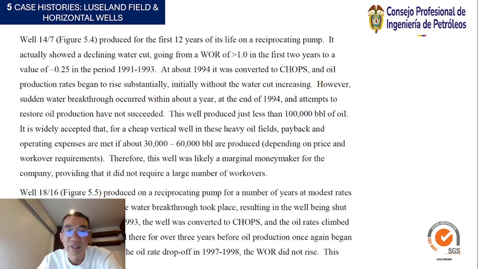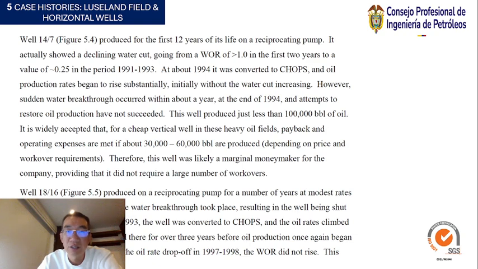At about 1994, it was converted to CHOPS, and oil production rates began to rise substantially, initially without the water cut increase. However, sudden water breakthrough occurred within about a year.